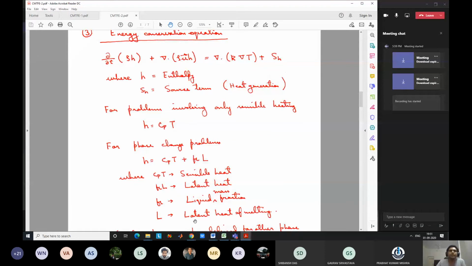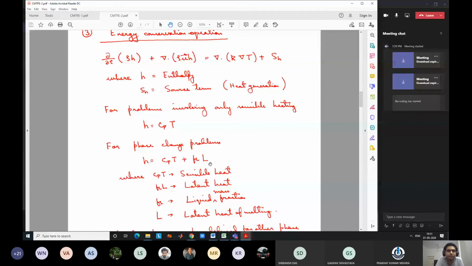So this is the general form of the enthalpy term. Sir, if it is for vaporization, the mass fraction here, Fl, will be like the vapor fraction. Yes, correct.